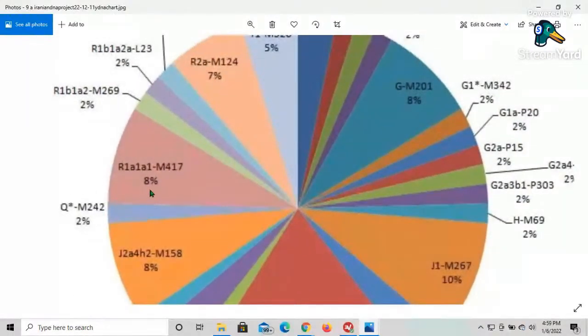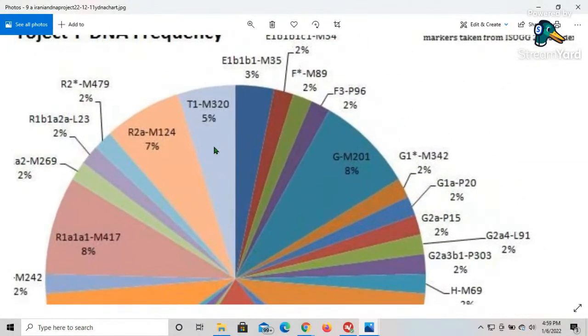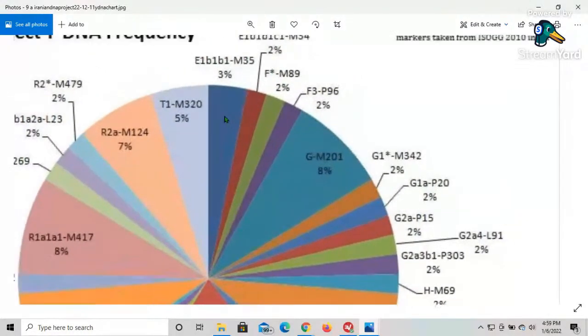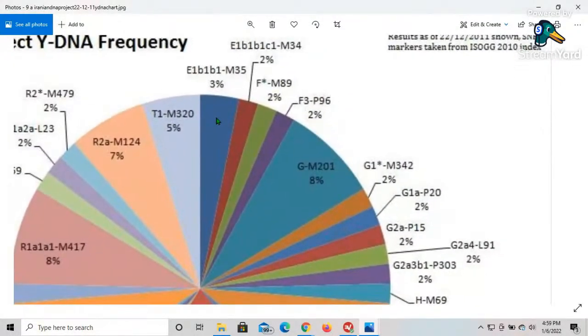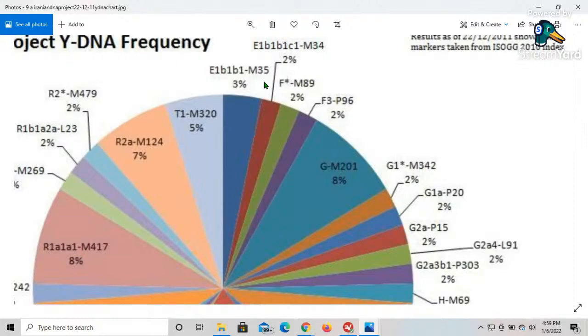So, and we know about Gomer. We know his Javan. We know M35, M34, M35. That might be Canaan or somebody.